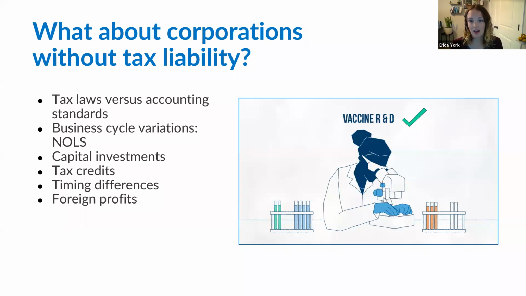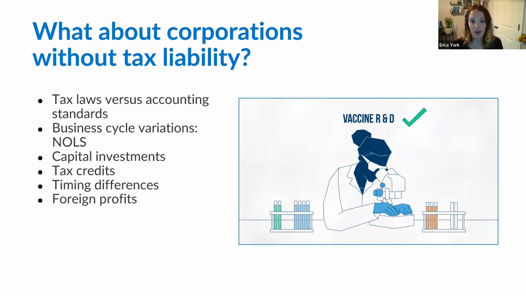And then finally, another big question that we sometimes get about the corporate tax is, what about corporations without tax liability? Each year we see studies grab headlines because they'll identify dozens of big companies that reported profits on their financial statements while paying little or no tax liability to the IRS.